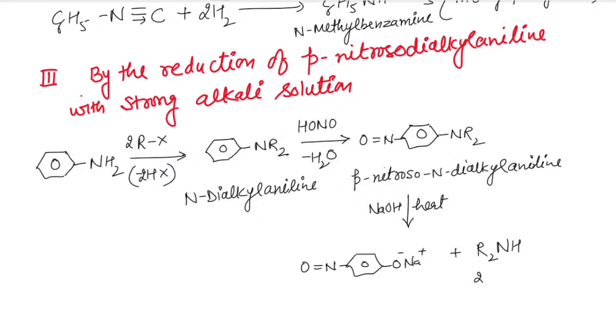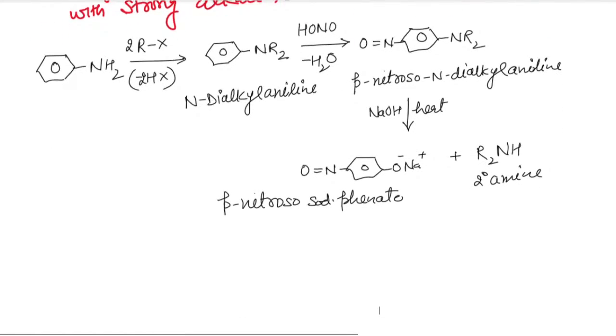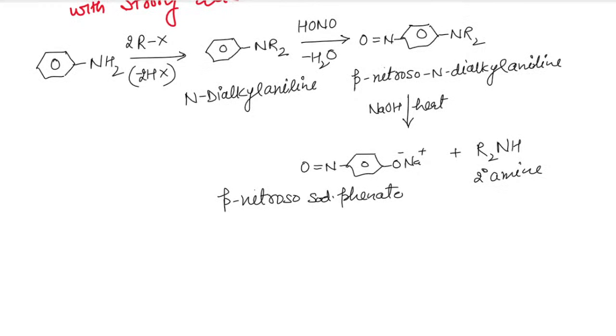So we get secondary amine along with para-nitroso sodium phenate, or you can write sodium phenoxide. So this is the product formed and we get the secondary amine, which is the desired product.